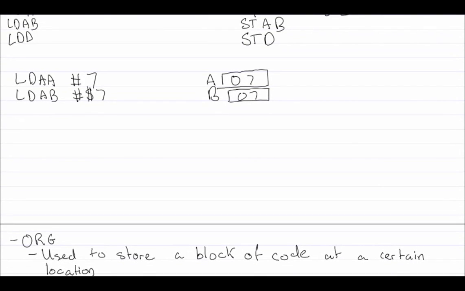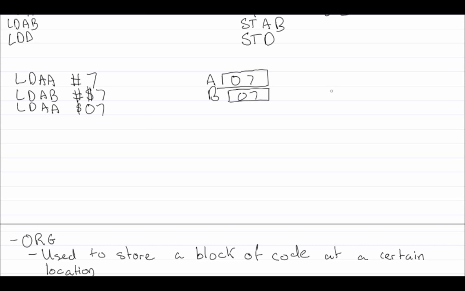Now let's say we want to move something from memory location 7 into accumulator A. To do that, we don't need the number sign anymore, we just put a dollar sign and write 07.